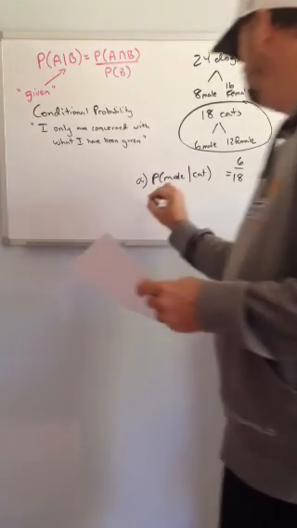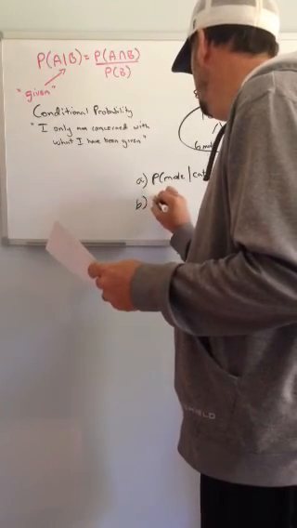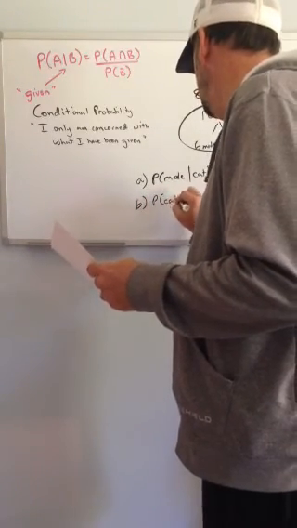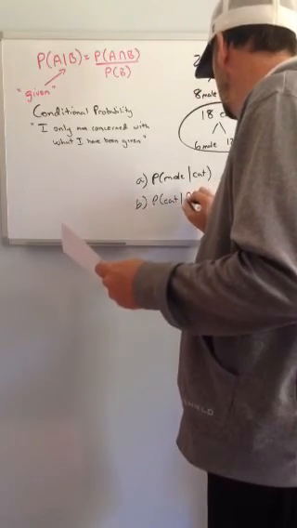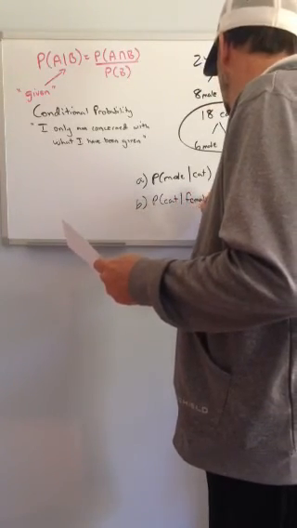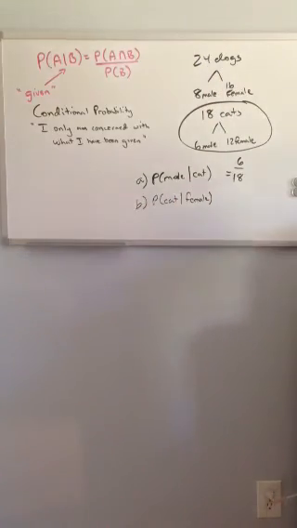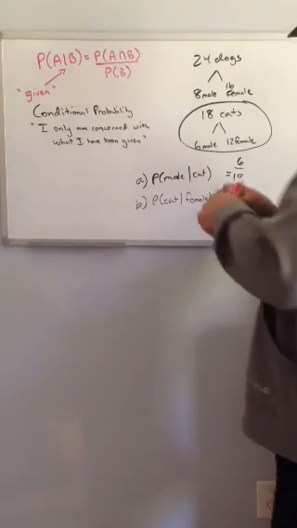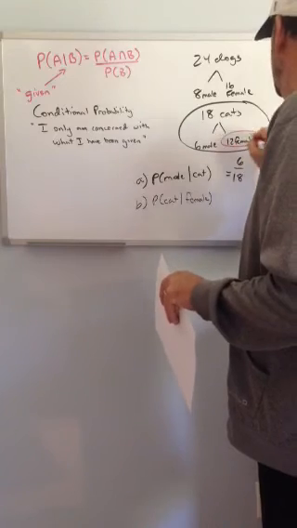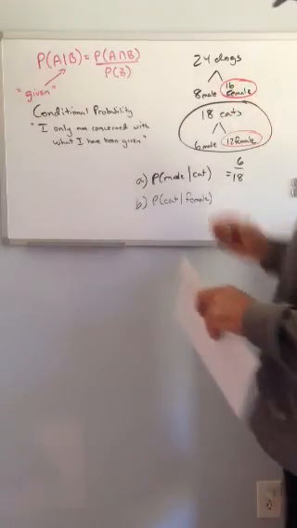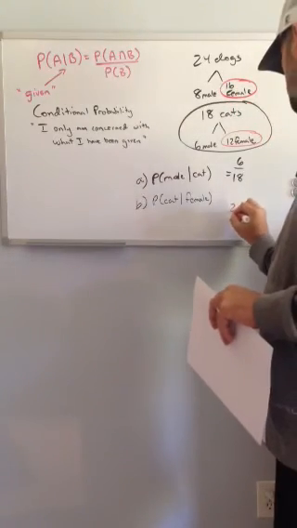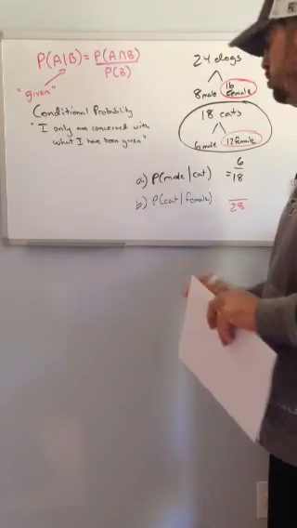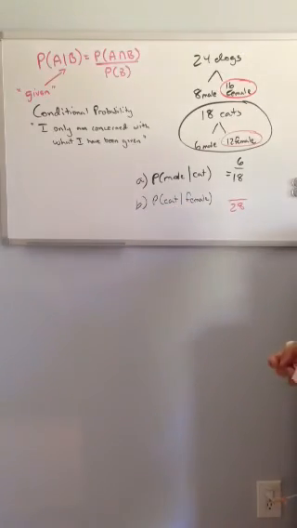Part B, probability of it being a cat, given that it is a female. So now we're only allowed to look at the females. I've got females and females, so altogether I have a total of 28 females. Of those 28, how many of them are cats?